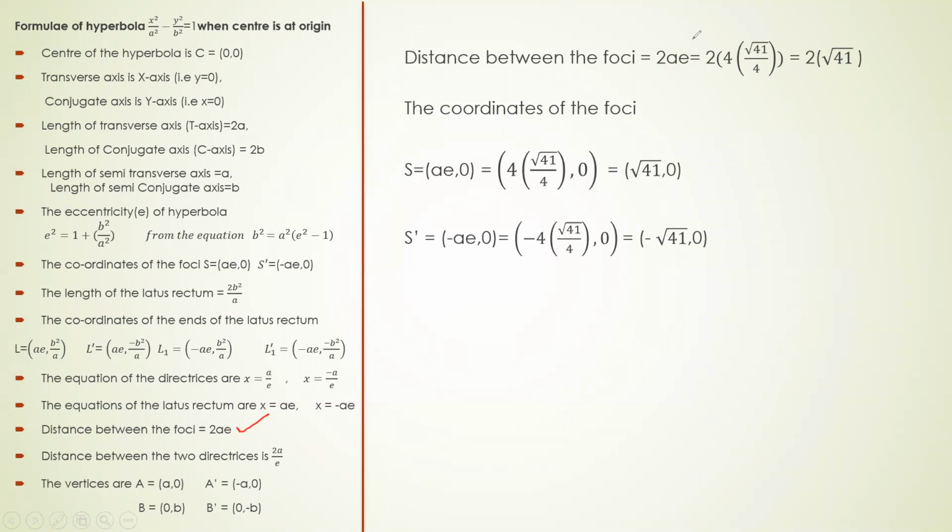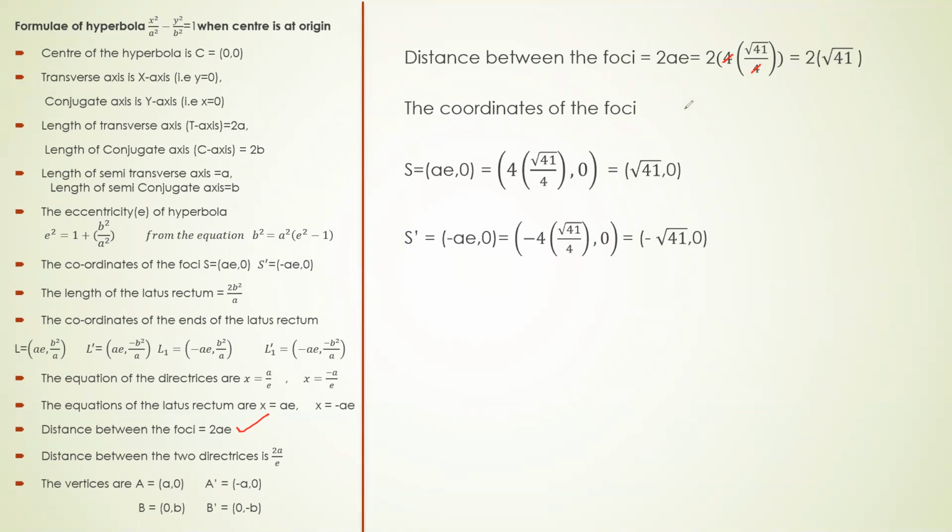We will substitute here: a value is 4, e value is square root of 41 divided by 4. Now here you can write the 4 and 4 get cancelled, so you will be left with 2 into root 41. That is the distance between the foci.